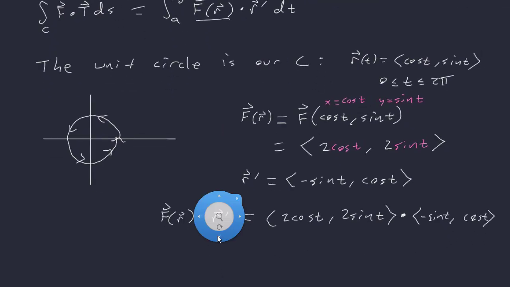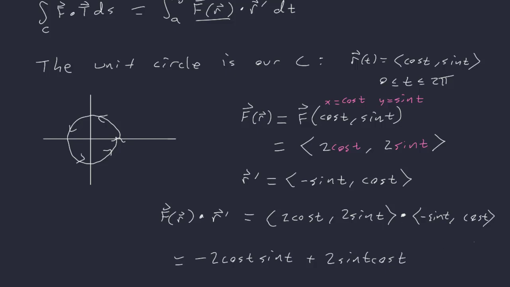And this is going to be interesting because when we take the dot product, we're going to get negative 2 cosine t sine t plus 2 sine t cosine t, and these cancel and leave us with 0.